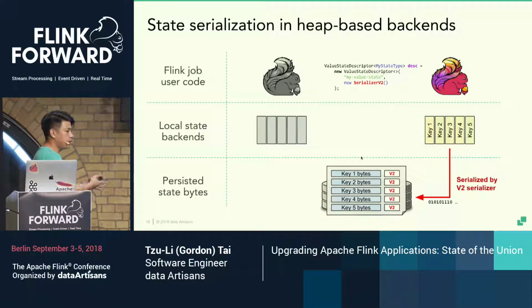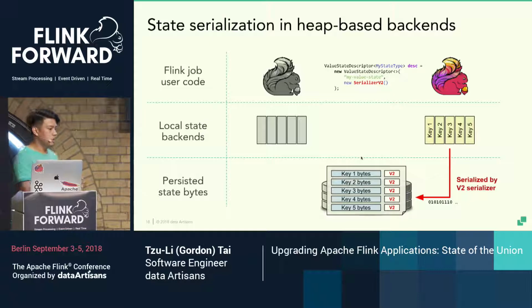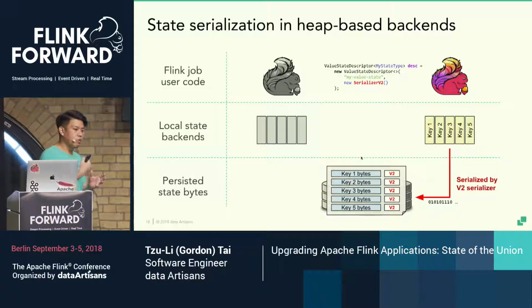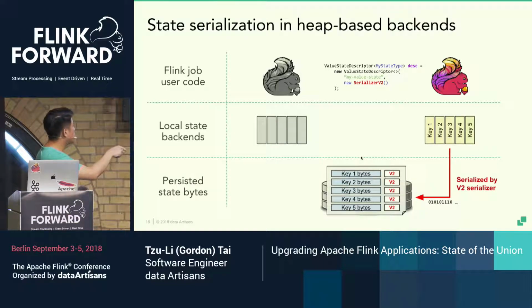That's called the restore and state initialization phase, before any user code is actually executed. And right now, state declaration, or state registration, is part of user code during runtime. So state is registered during runtime, and at the restore phase, we have no idea what the new serializer would be like.